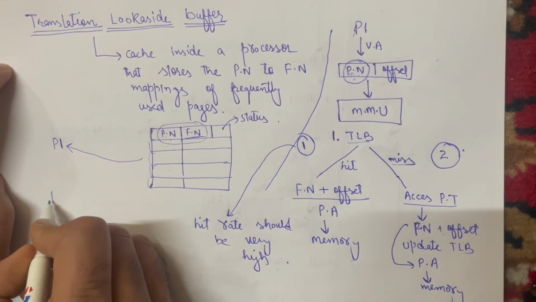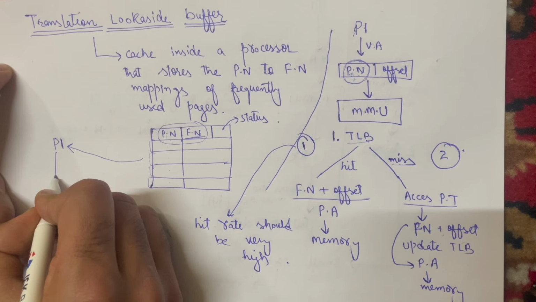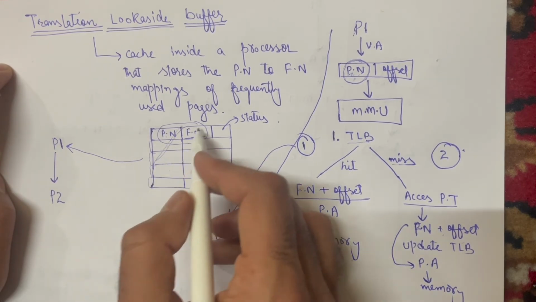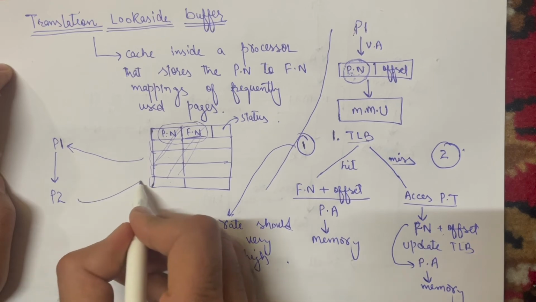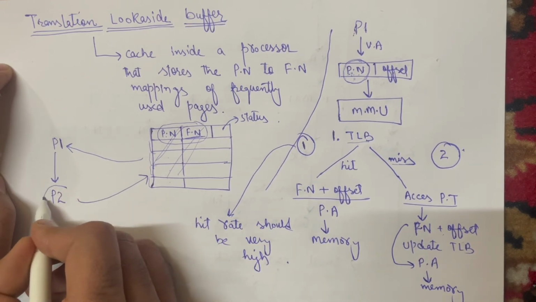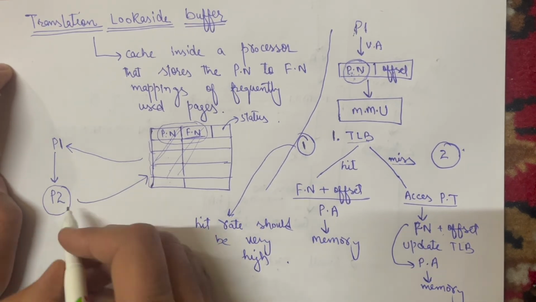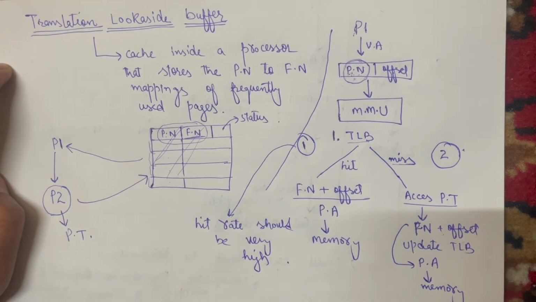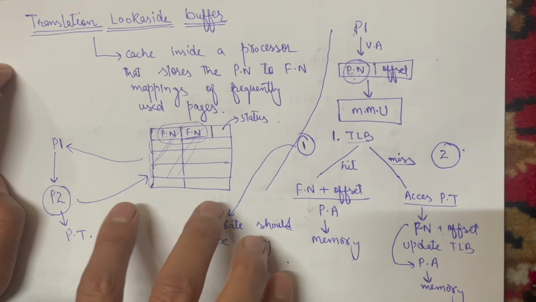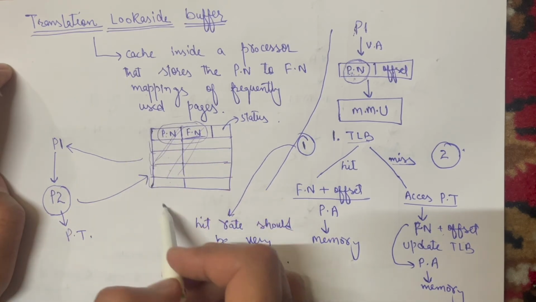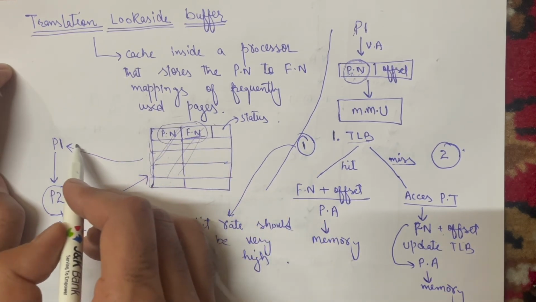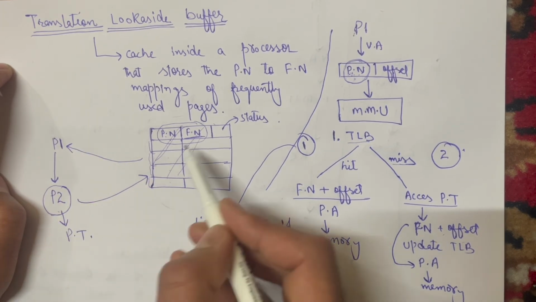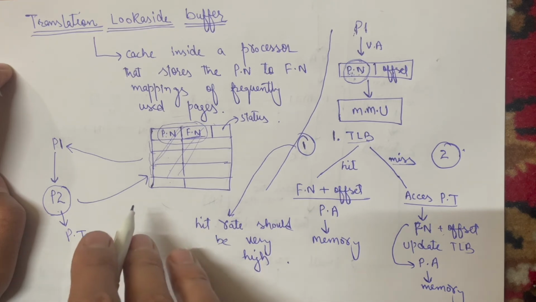Now if I am switching context to another process, I will flush these entries and update them with the entries of process P2 from its page table. So that means at one particular point of time, the entries contained in the TLB belong to one particular process. And if we are making a context switch, then we have to flush the TLB and update it with new entries.